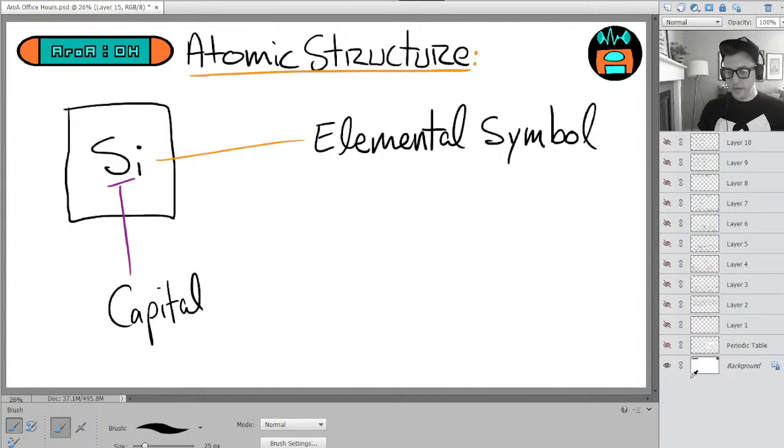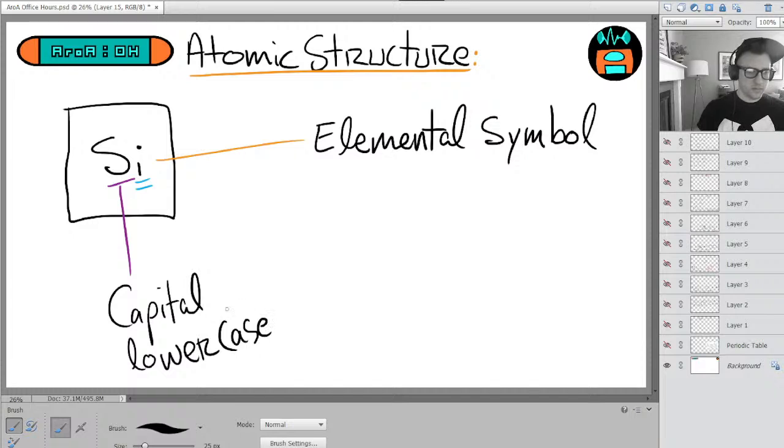The second one is lowercase. And this is important. All right, first one's capitalized, second one is lowercase.